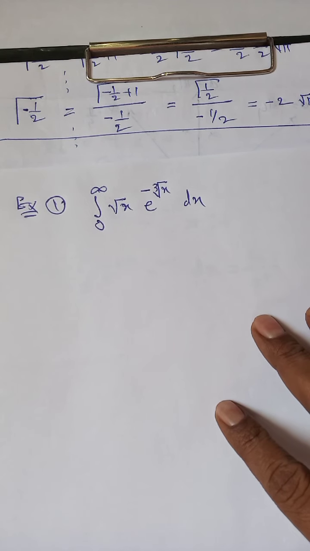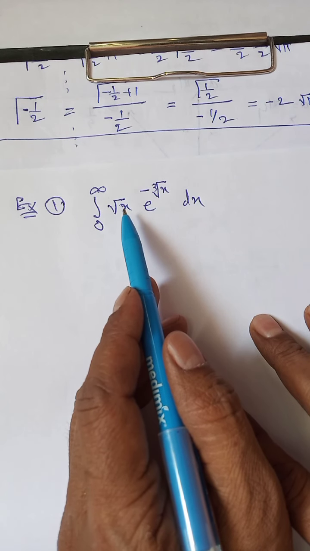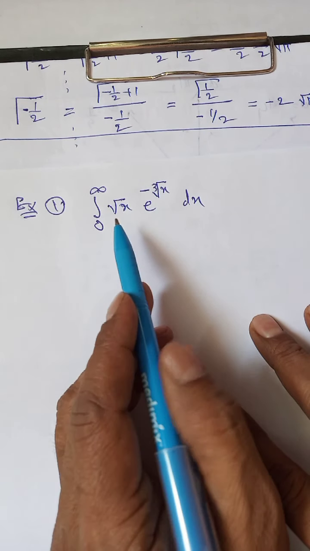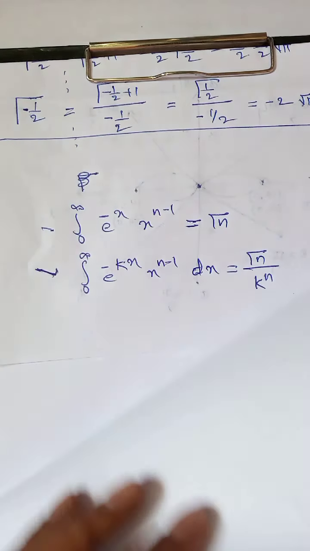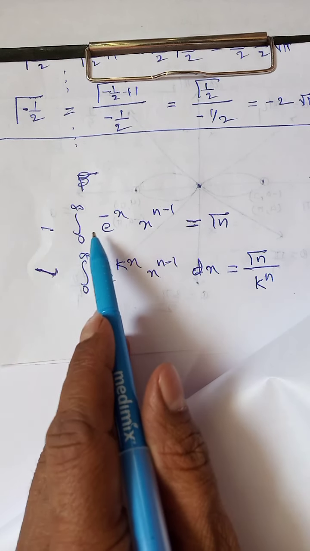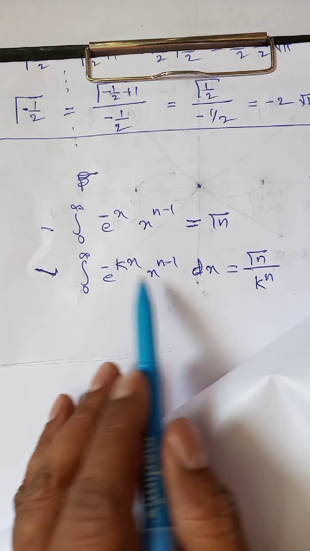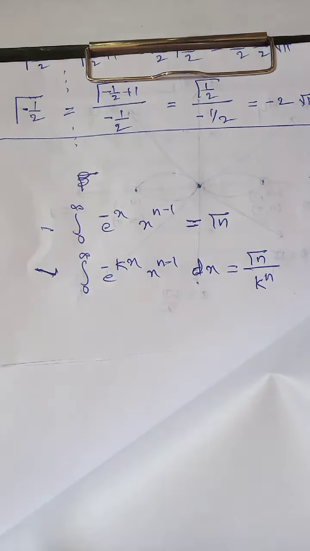So this first example, if we compare it with the gamma function, see the integrand function in the gamma function, what is it? Exponential and algebraic. So an algebraic and exponential function is there in the integrand of the gamma function.